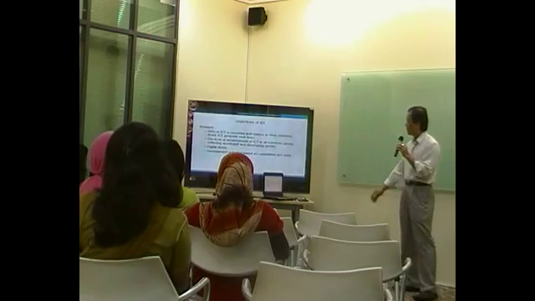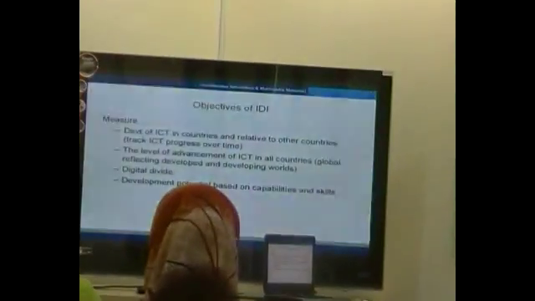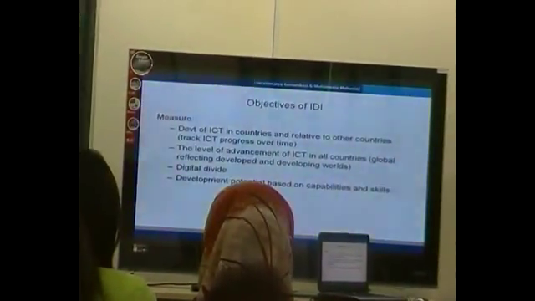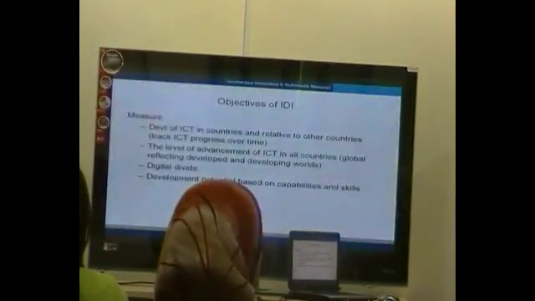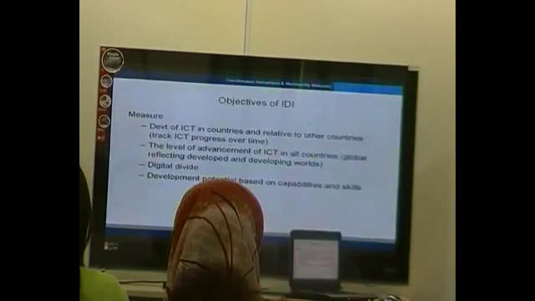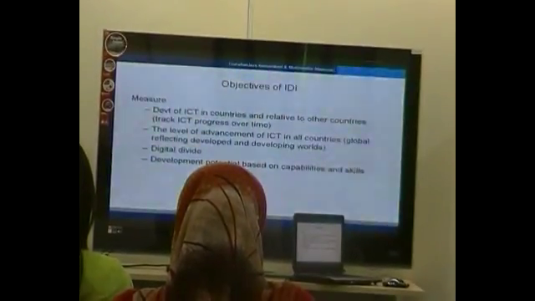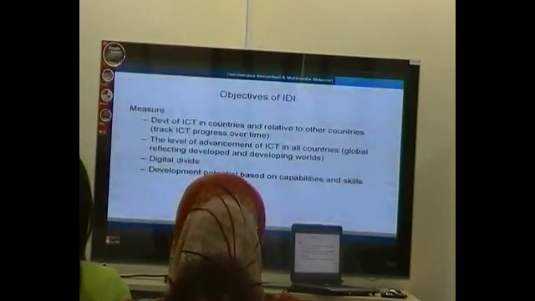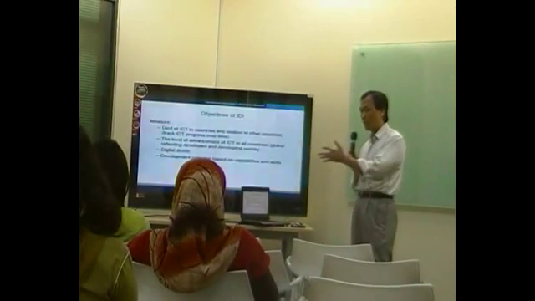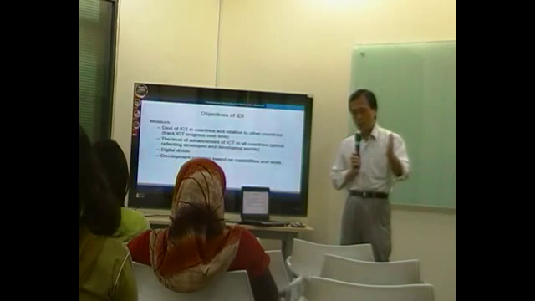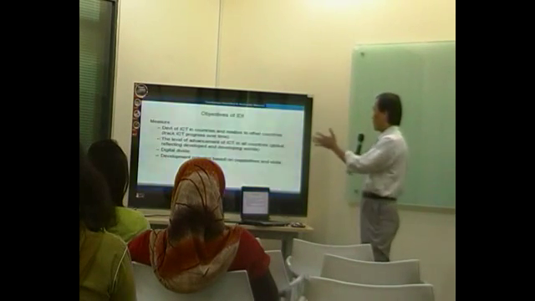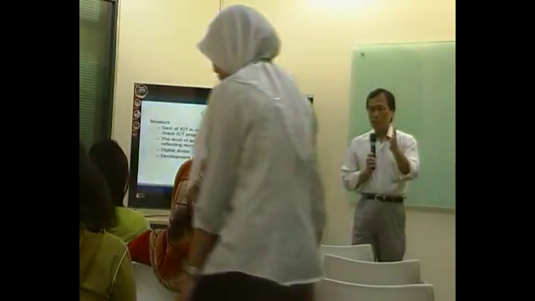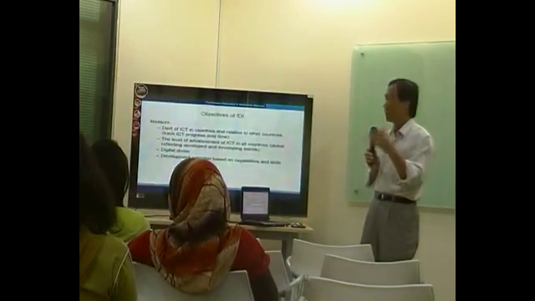The objectives: it is supposed to measure the development of ICT in countries, and to compare one country with another country. Especially important is to track ICT progress over time. That means you look at one country, what is your progress over the time scale? And if you're comparing with other countries, then it involves some kind of ranking.